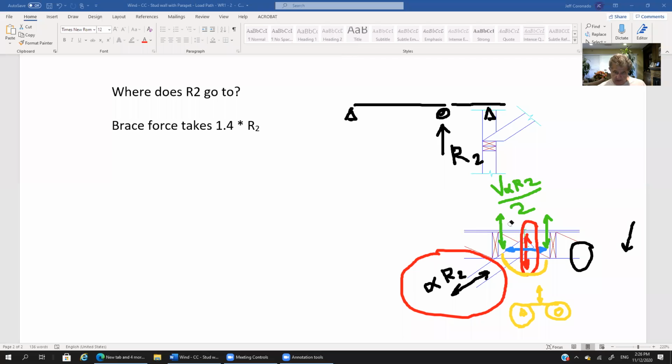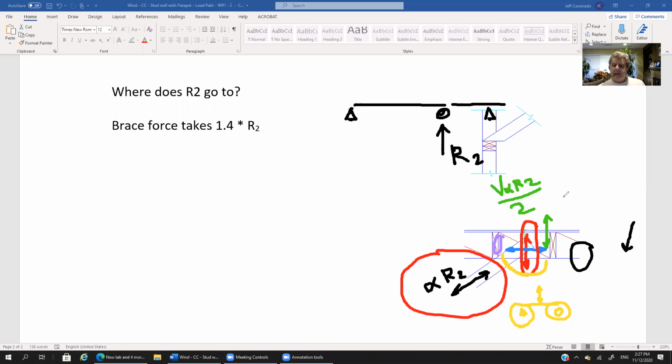You also want to make sure that you have enough capacity in however you're connecting the block to the rafter. Now, one of the things that's covered in another tutorial is the nailing schedule that's provided in the IBC.